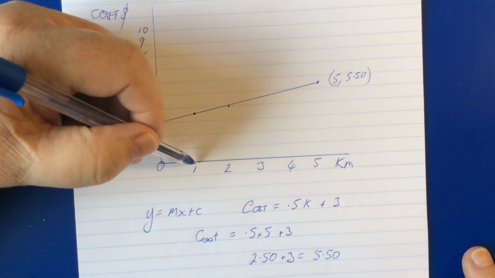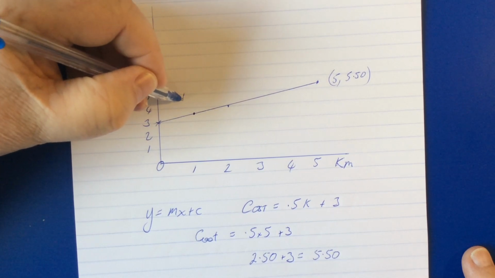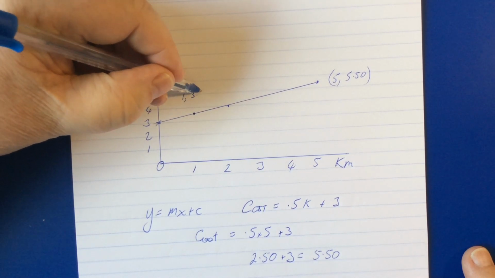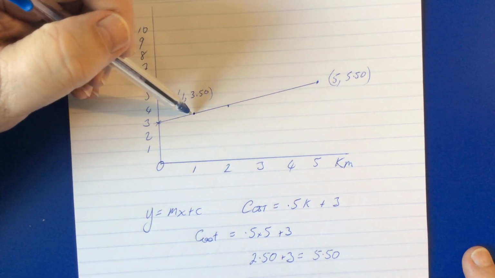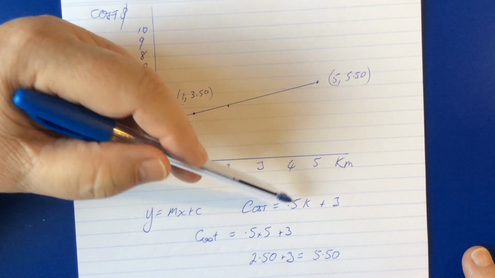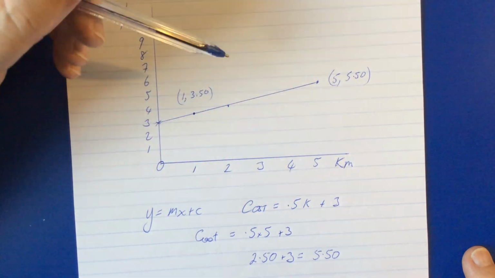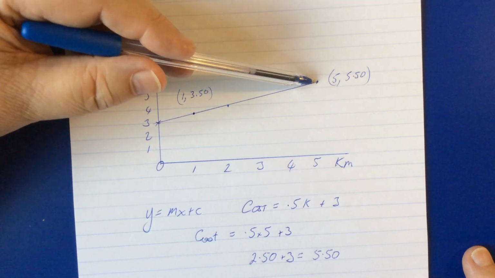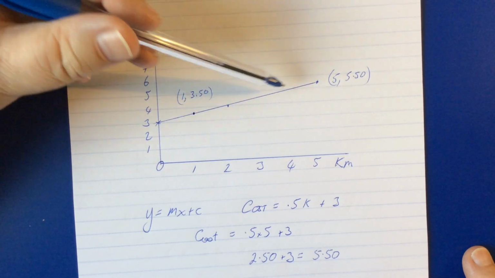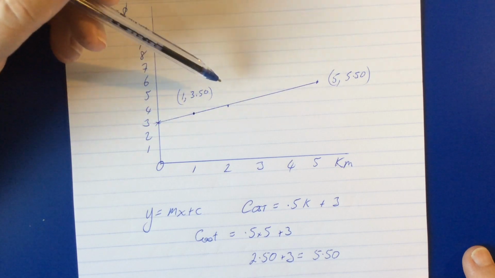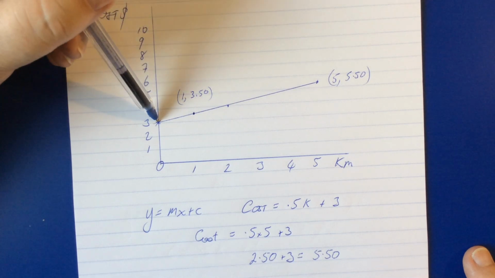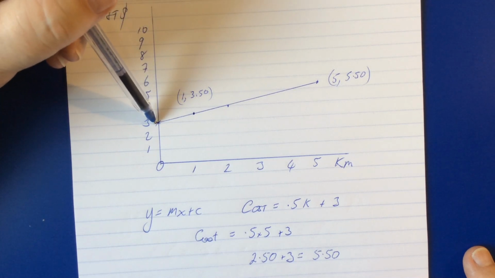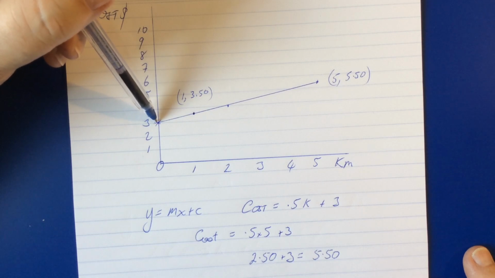So if we take the example here where we've got 1 and $3.50, we can work out the gradient of this line, which I can promise you is 0.5, but you can do this. It's just rise over run. The gradient of this line that we get from these 2 points, or this point and this point, whatever, it is 0.5, so that tells us something. It also tells us what our minimum cost will be. And that's important.